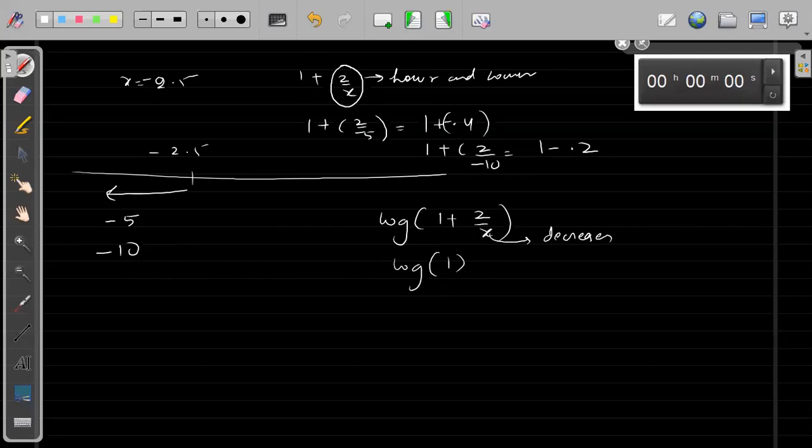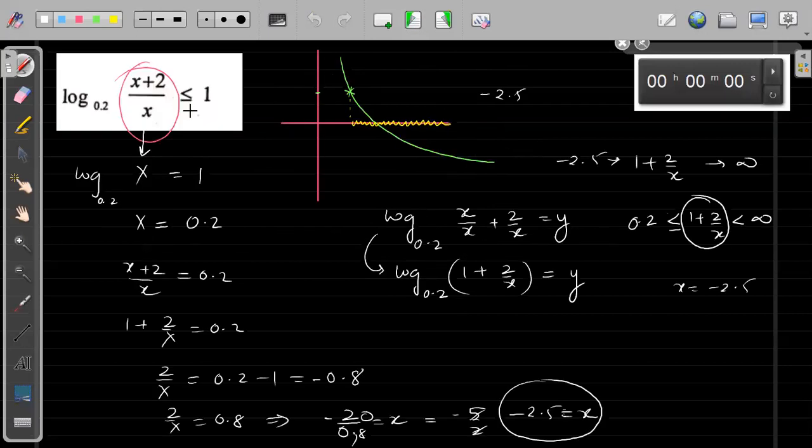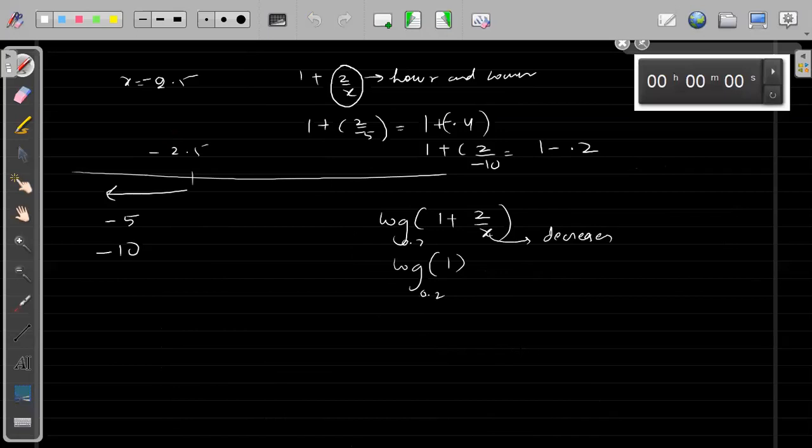And log 1 is what? Approximately 0. And will it satisfy? Yes, it will satisfy. So as we move closer and closer to minus infinity, it will satisfy. The first thing is that x can take all values from minus infinity to minus 2.5.